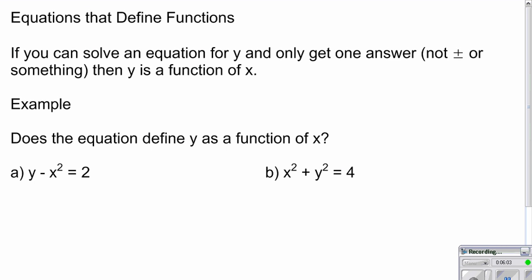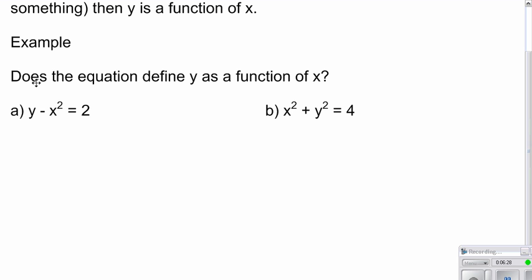And lastly, what that means about an equation for a function is that you can solve for y and only get one answer. There's not going to be any plus or minus or anything strange like that. You get y equals something with an x in it. That would mean that y is a function of x if you can do that. So example A, is y a function of x?